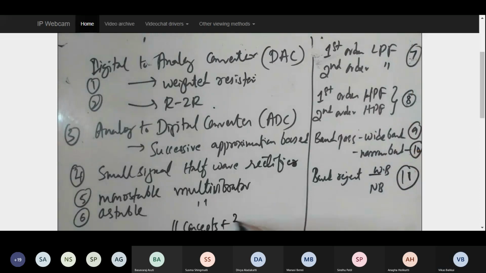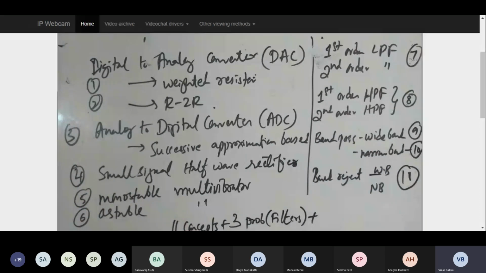3 problems on filters, plus I still need to solve a problem on monostable and astable, and then even on R to R, and that is A to D and D to A converters.